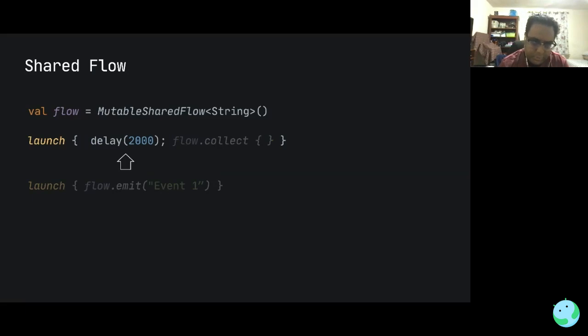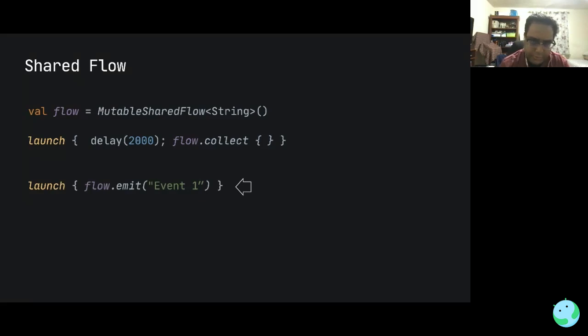There is a scenario, suppose, where I may have a consumer that listens to this flow after some particular delay, not really immediately. I may have a consumer that comes in at a later point. What happens then? In this example, after this delay, this coroutine is listening to the flow.